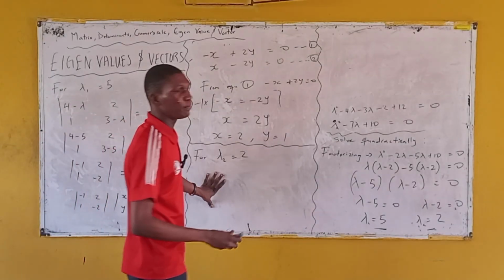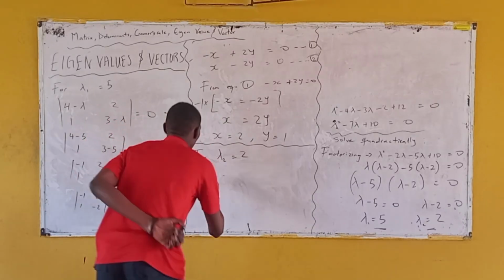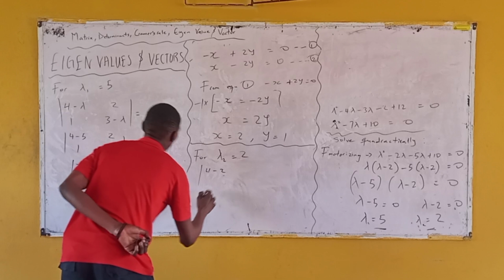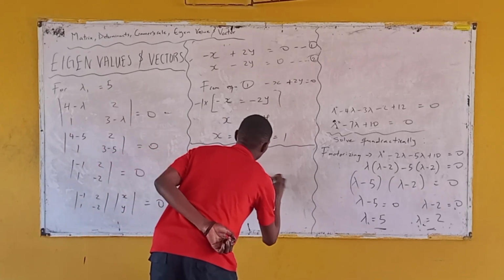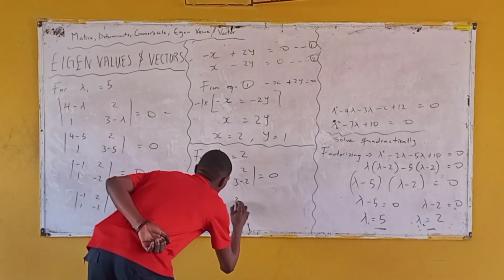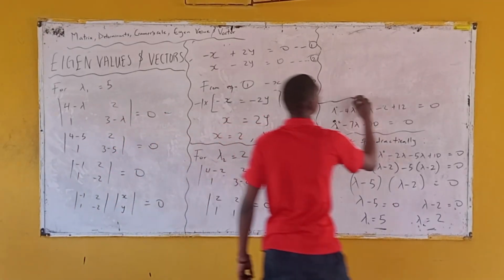Alright. So for our lambda 2 equals 2, what do we have? 4 minus lambda, which is 4 minus 2. 1, 2, and 3 minus 2 equals 0. So therefore 4 minus 2 is 2, 1, 2, 1 equals 0.